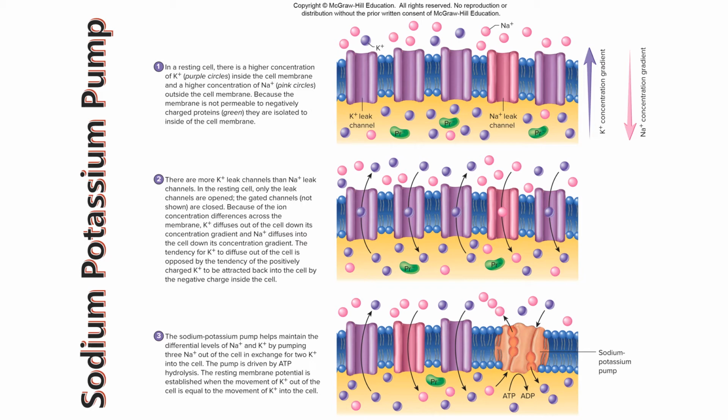The second condition is that there are other types of ions or proteins within the cell that cannot get out through your leak channels. And lastly, because there are more leak channels for potassium than for sodium, more potassium can move across the membrane at any time because of these leak channels.